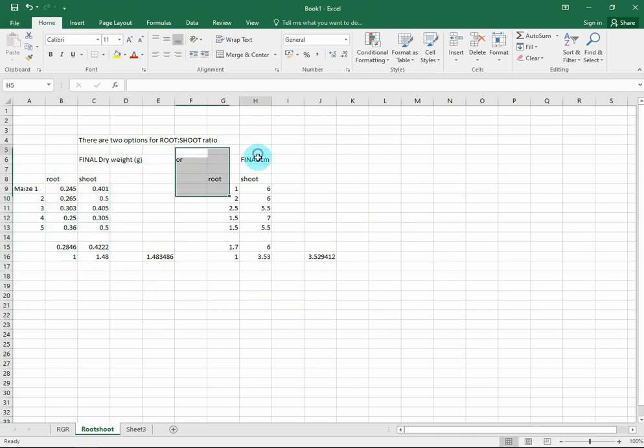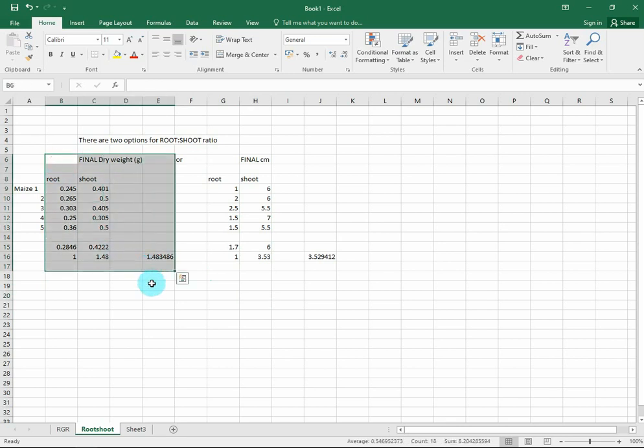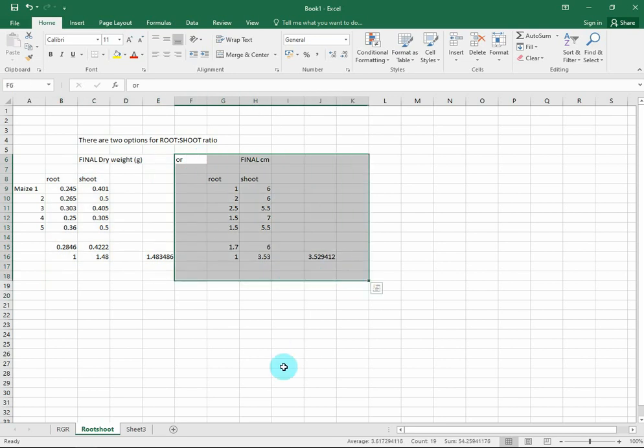Not saying you can't use centimeters, and if you only have centimeters, you've got no choice. You're not going to lose any marks because you are presenting the centimeters. You might lose a mark or two in the overall impression, because it is much more impressive if you provide us with dry weight root shoot ratio instead of centimeter root shoot ratio. But it's not a problem, okay?